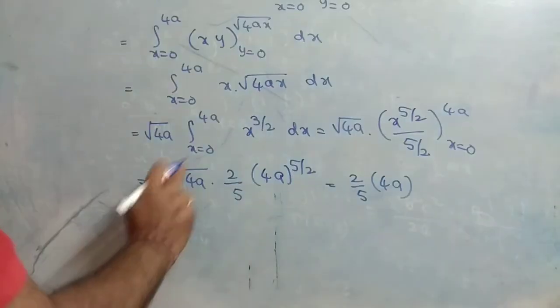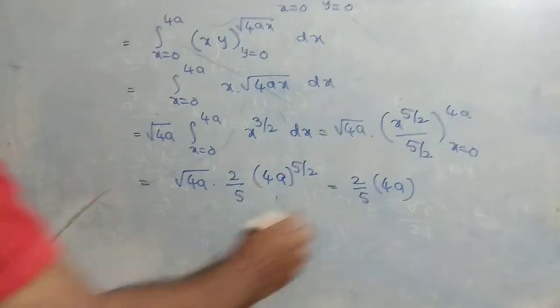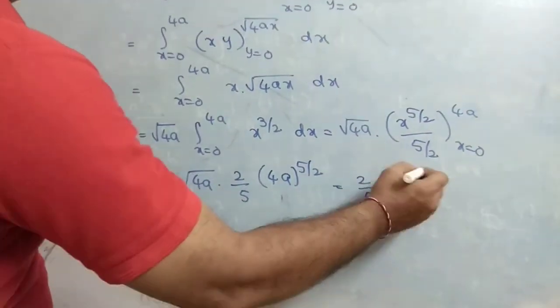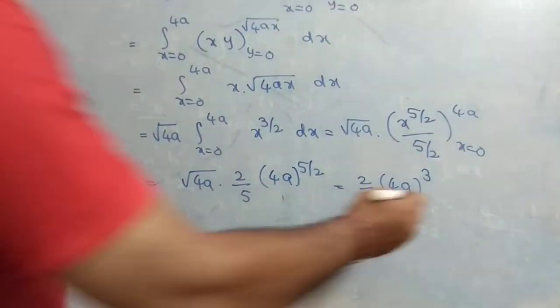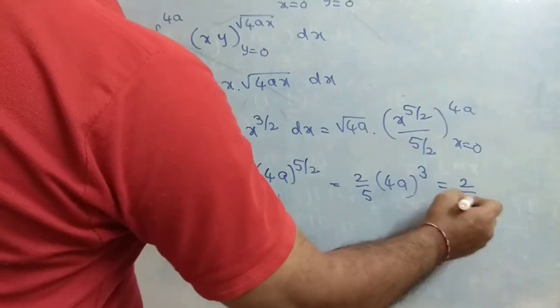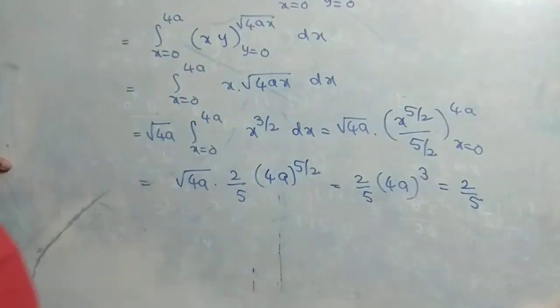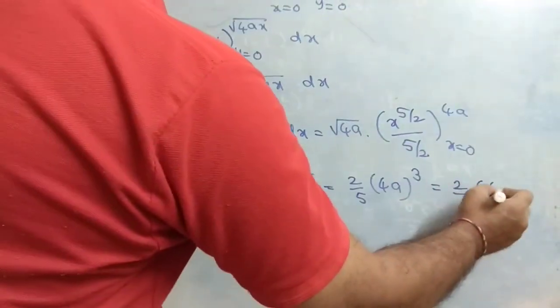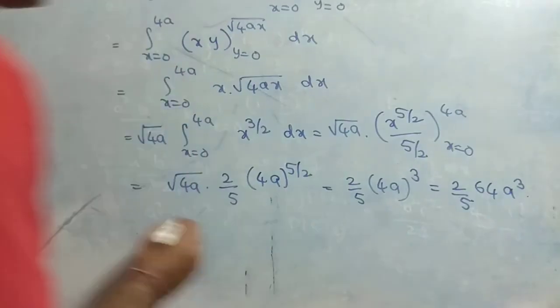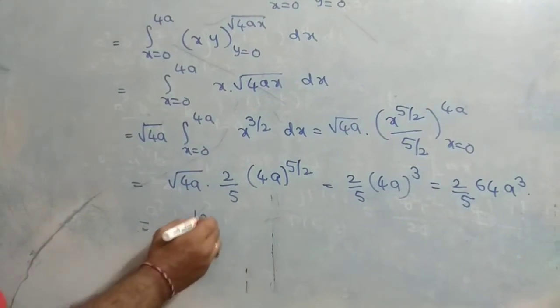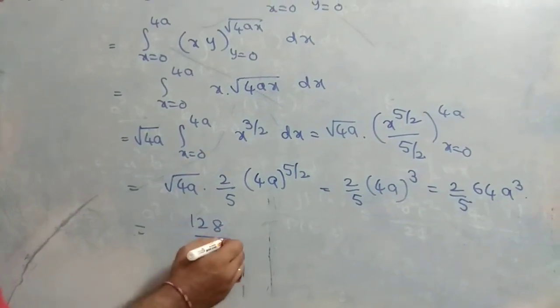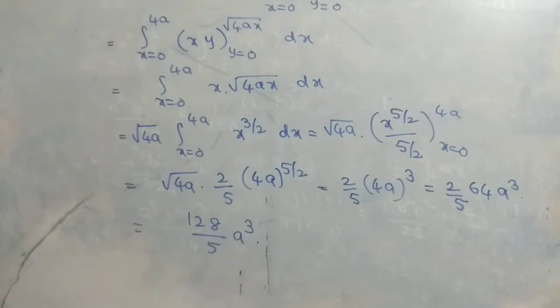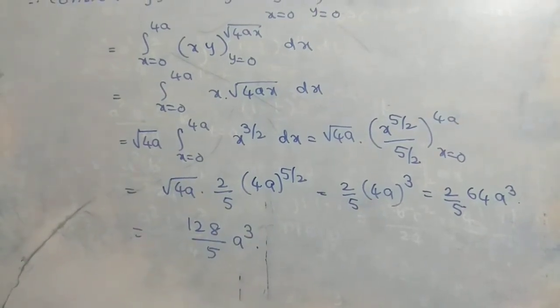When I add the powers here, 1 by 2 plus 5 by 2 is nothing but 6 by 2, that is nothing but 3. Or I can write this as 2 by 5, 4 cube is nothing but 64. It is 64 into a cube. Or this is nothing but 128 divided by 5 into a cube. This is about the numerator of the given formula.